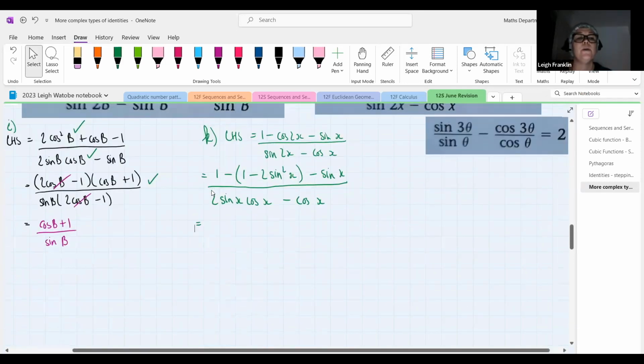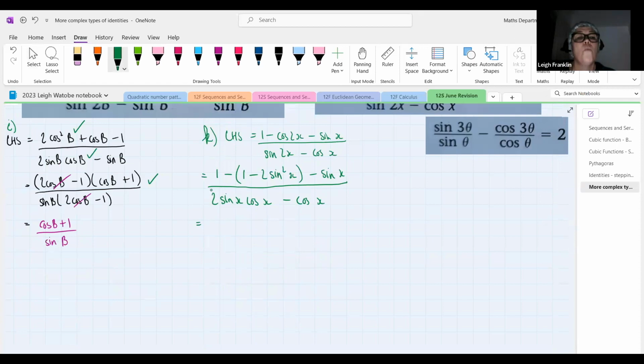All right, so now at the top, we're going to remove the brackets. 1 minus 1 means the 1 is going to go away, and we're going to end up with positive 2 sine squared x minus sine x at the top. And at the bottom, we're still going to have the same thing: 2 sine x cos x minus cos x. And again, we're going to factorize.